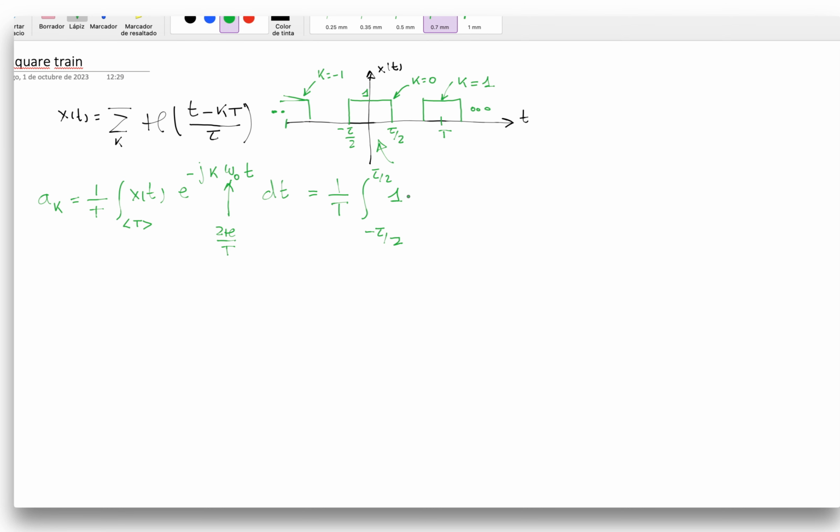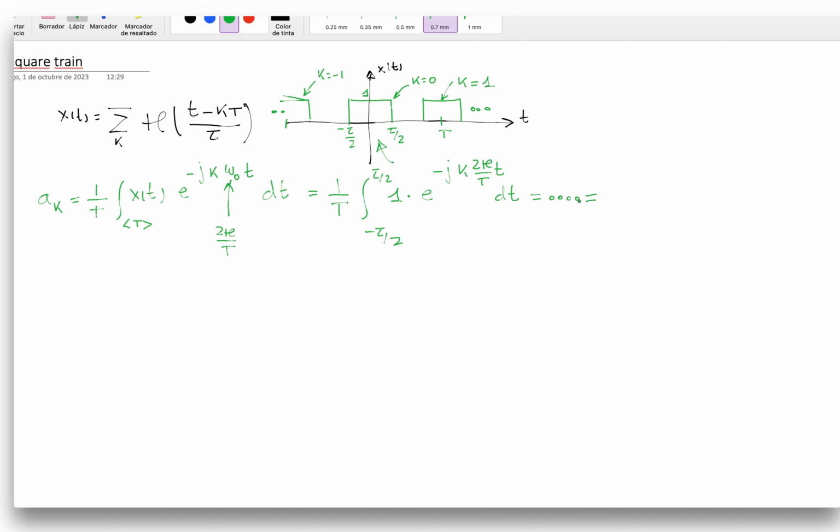So it will be 1 times the exponential, e to minus j k omega 0 t, where omega 0 is 2 pi divided by capital T, dt. Okay, so this is a very simple integral. It's immediate. I leave it for you.